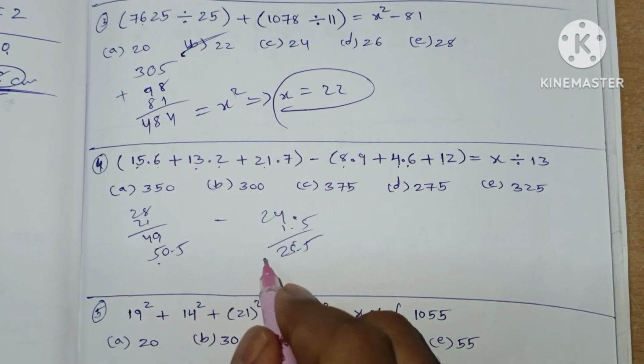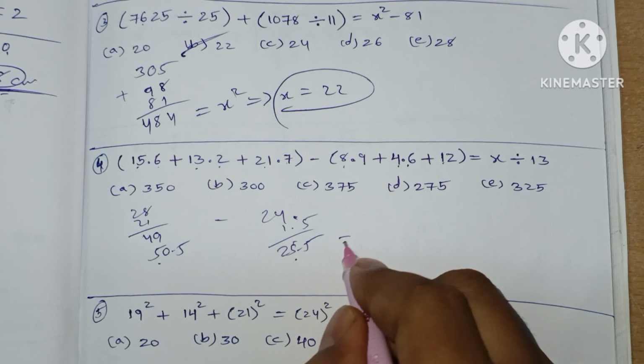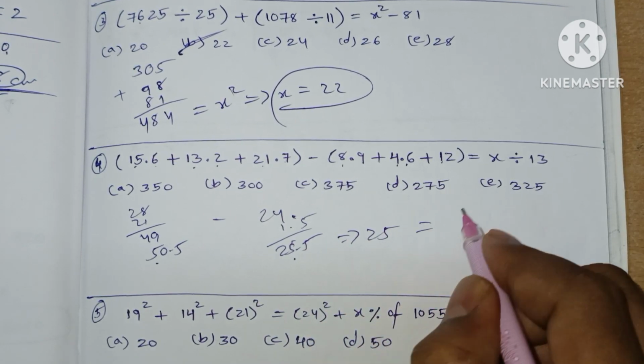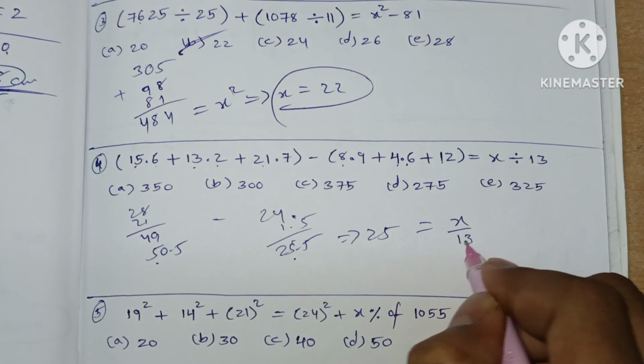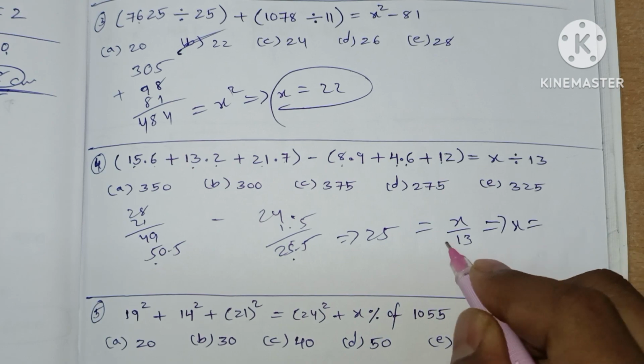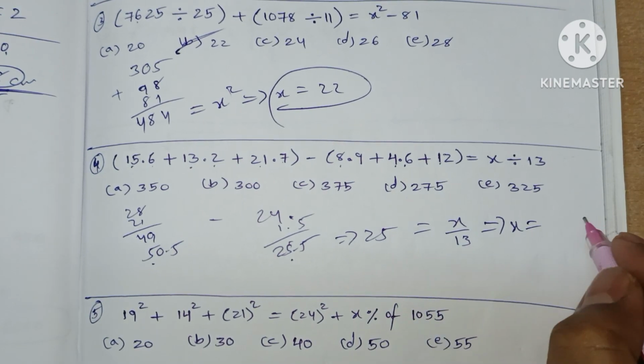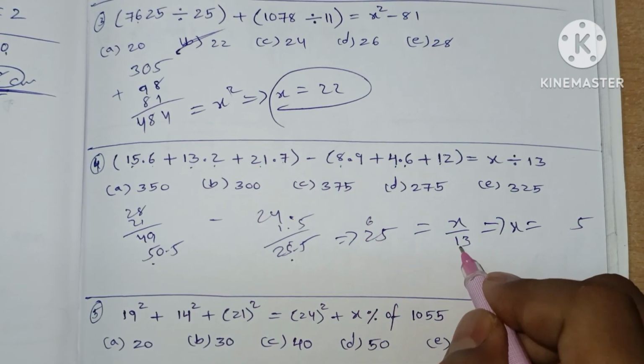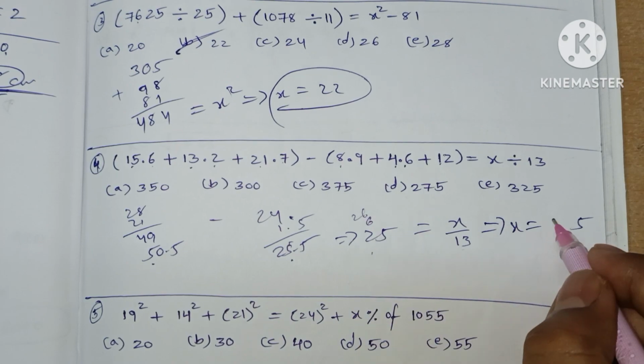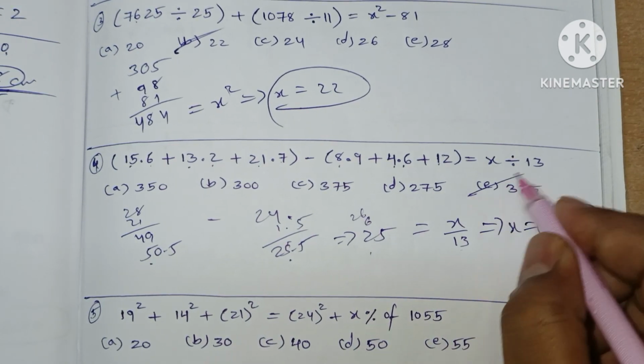So 50.5 minus 25.5, which will be 25, equals x divided by 13. Therefore x value will be 25 into 13. 13 5 times is 65. 13 2 times will be 26. 325. 325 is our answer.